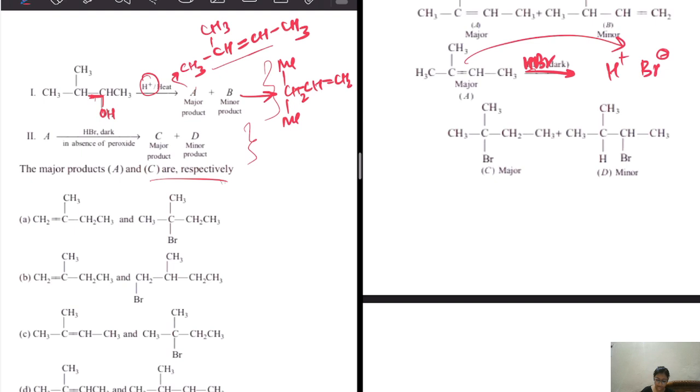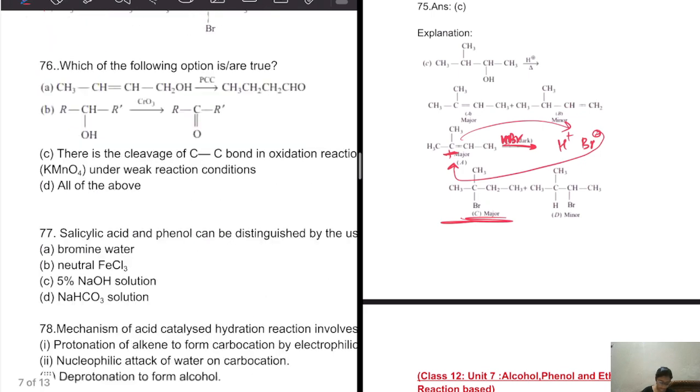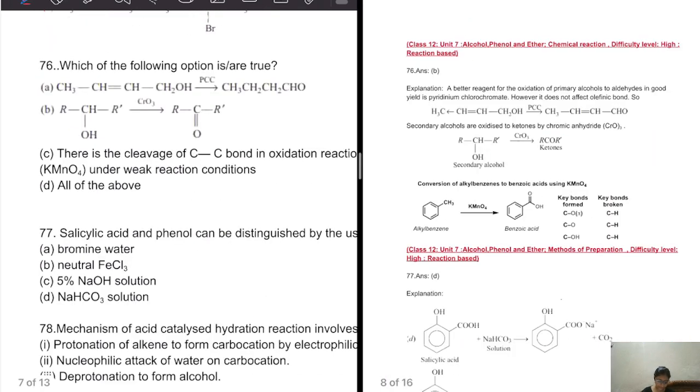A carbocation will form here and the nucleophile will attack here because this is the stable carbocation. So we will have Br here, which is the major product. We have to tell A and C, which corresponds to option number C. Okay, so let's see the next question.